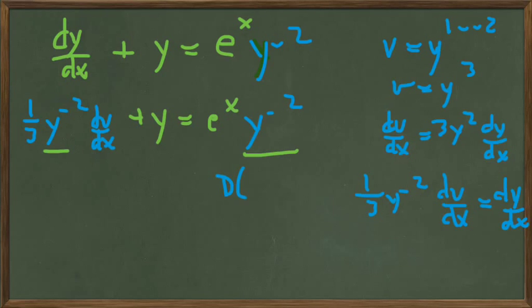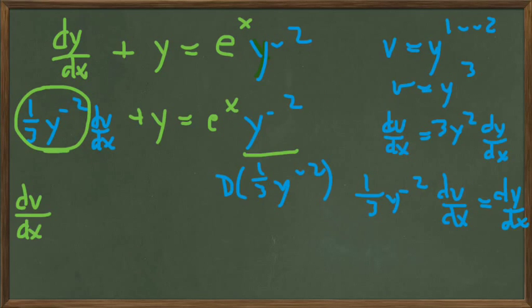We're going to divide through by the coefficient of dv dx, which is 1/3 y to the minus 2. When we do that, we just get dv dx, first term on the left side.